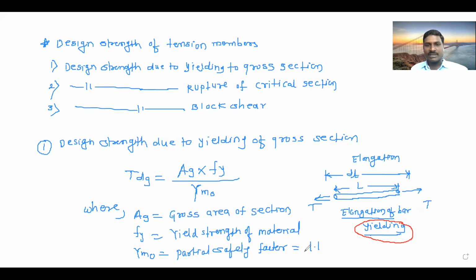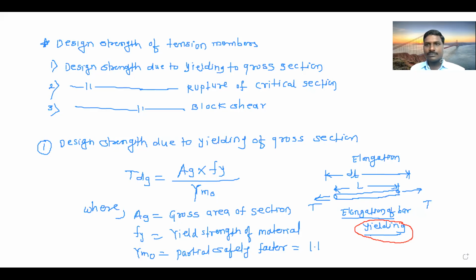Value of this partial safety factor that we have seen in unit number 1, where in the partial safety factor table we have seen gamma m0, gamma m1, gamma mw, gamma mb. Those values we have seen in unit number 1 in one table. So for the partial safety factor, gamma m0 is 1.1. Are you getting? So this is the first strength, design strength of the tension member, that is yielding of gross section. Everyone got it? This is the formula for this.